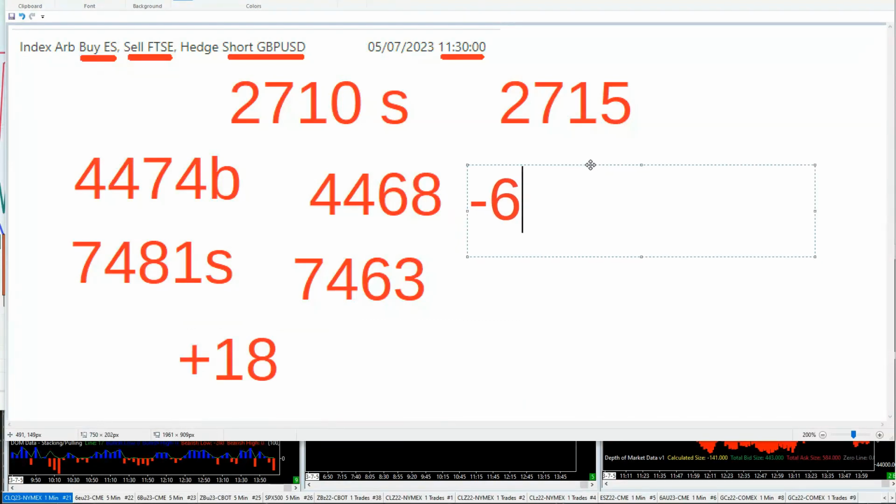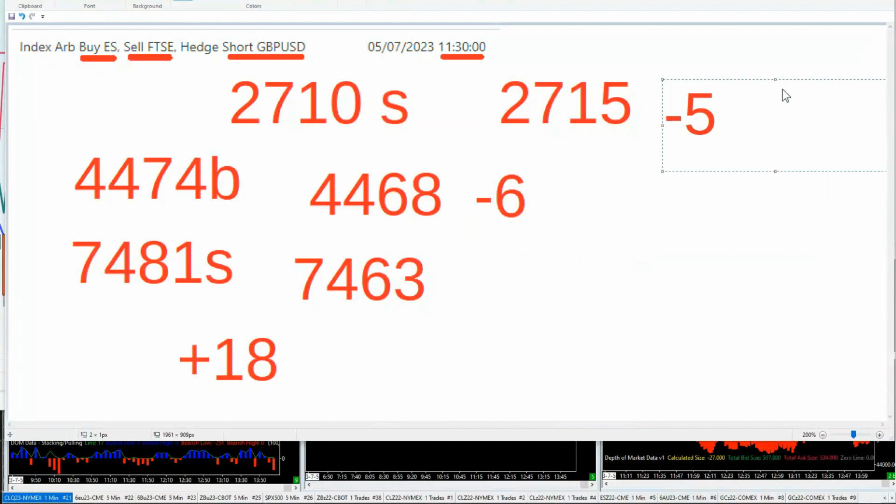So this is about the same value, 10 quid versus $12.50. On a point basis, I have to skew some of these. And on this trade here, we're losing 5 points. So at this point in time, it's done okay. It's made money. It's not made a lot of money depending upon how you skew it, but it's certainly not going to have lost you any cash.